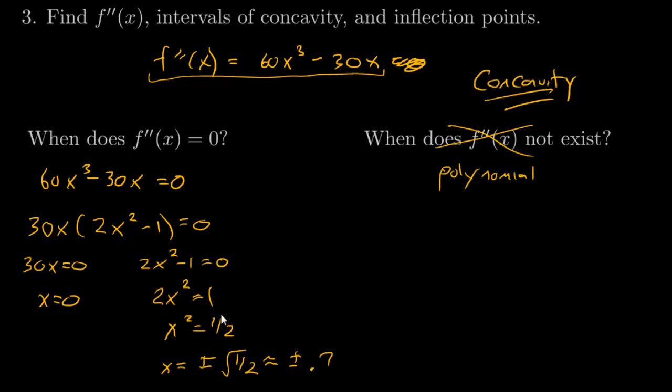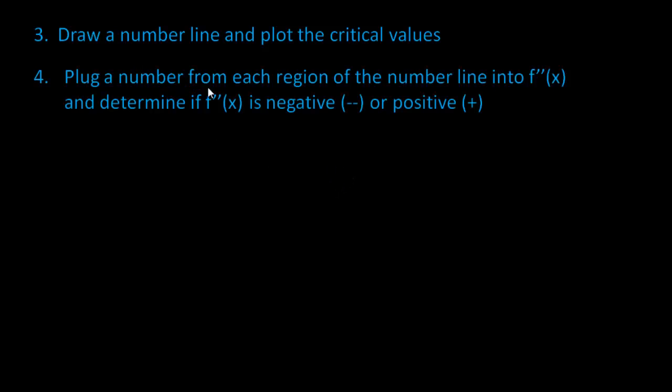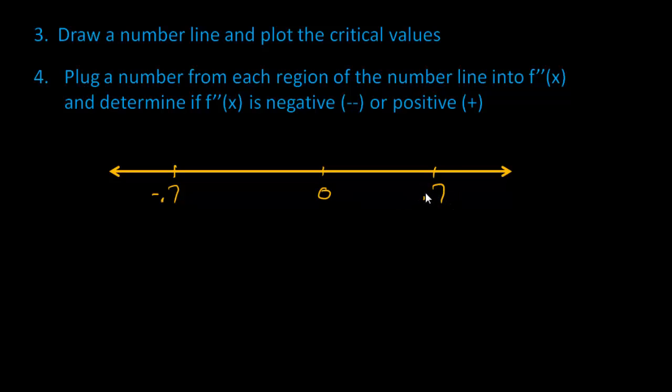So these are all potential inflection points, because remember, critical values of the second derivative are those inflection points, which we'll do in a second. Okay, so let's draw a number line, and we're going to plot a number from each region in. So our critical values from the second derivative were negative 0.7, 0, and positive 0.7. Okay, so we need to pick numbers from each of those regions.